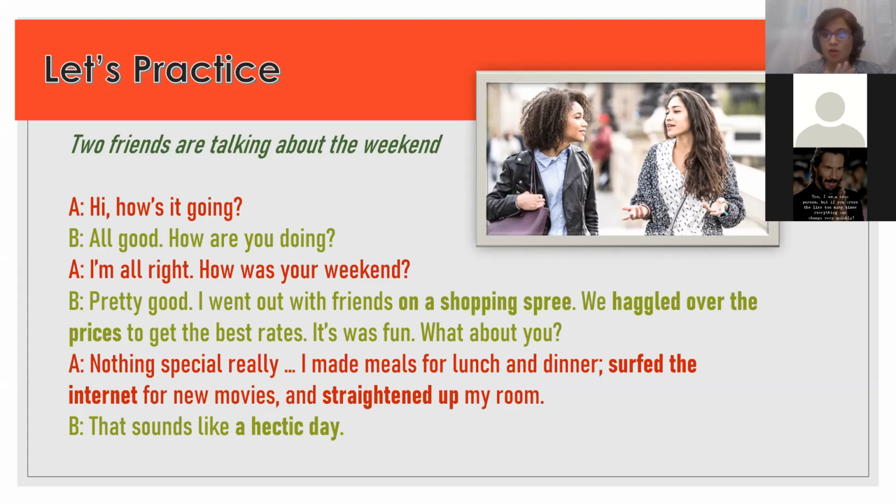So now I think all the words, when they are in the context, are they making sense to you? Yes. Okay. What are the words which are highlighted? Hectic, straightened up, price, shopping, surfed the internet.